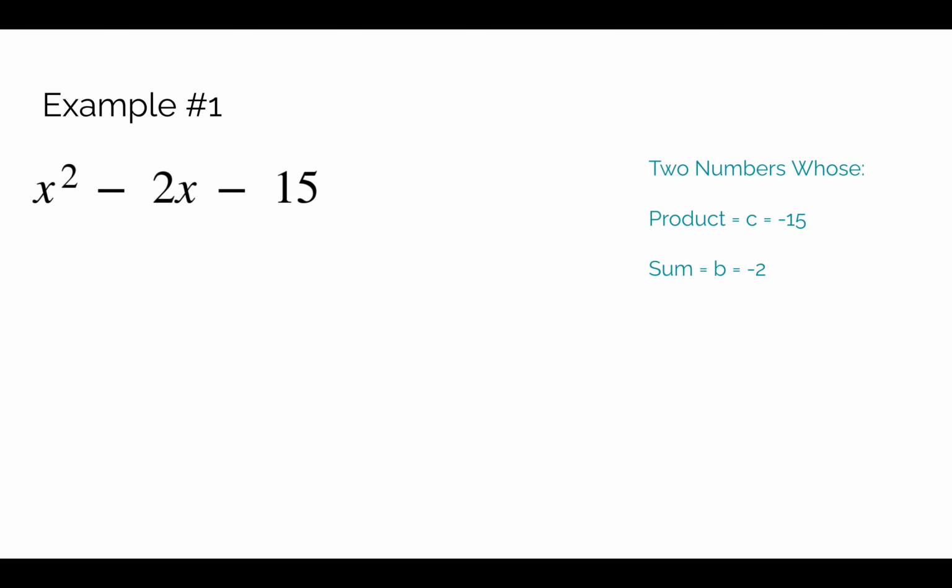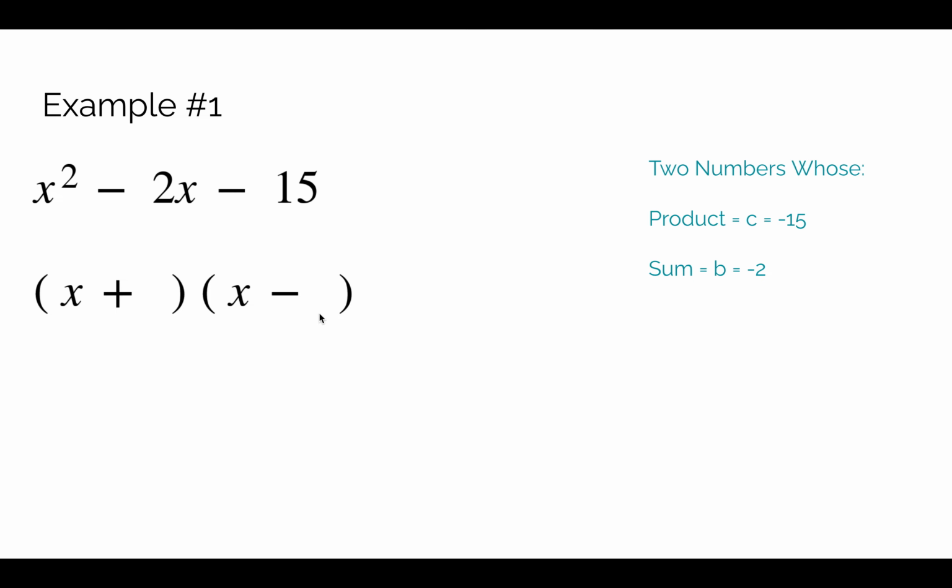We need to find two numbers that when multiplied together will give you a negative number. That's only possible when you have a positive number and a negative number. So we know that our factored form will look like this: x plus a term times x minus another term. What are those terms?